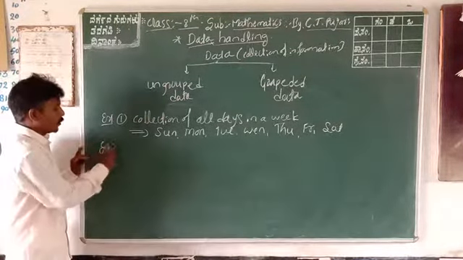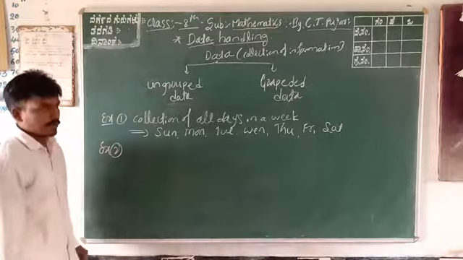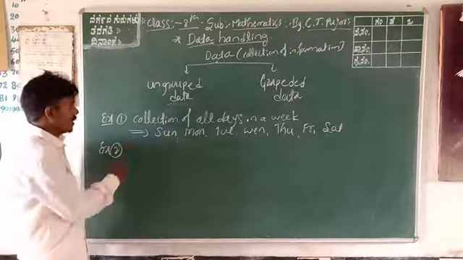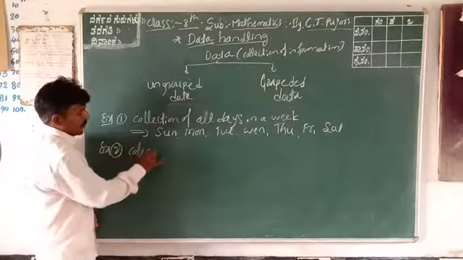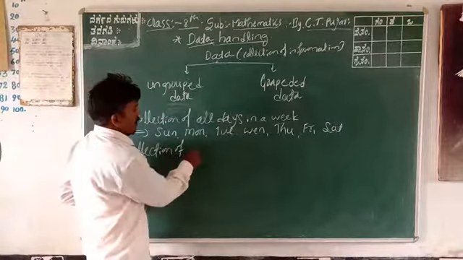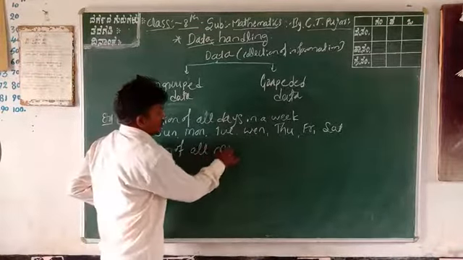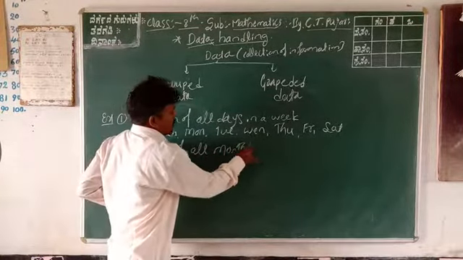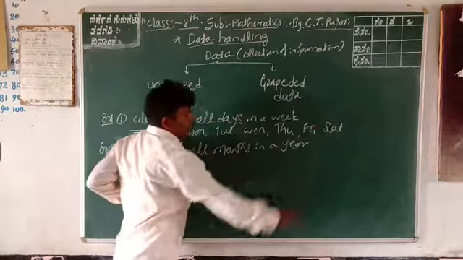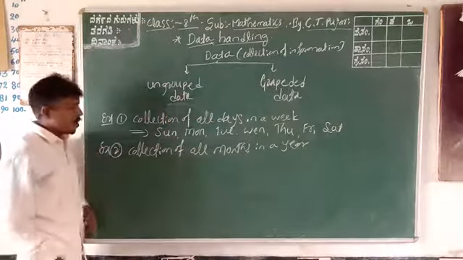Example number 2. You can take any example of your choice. For example, the collection of all months in a year. How many months are here?